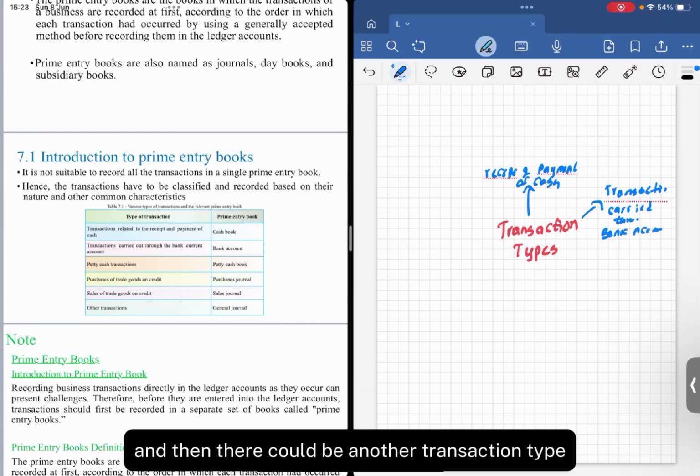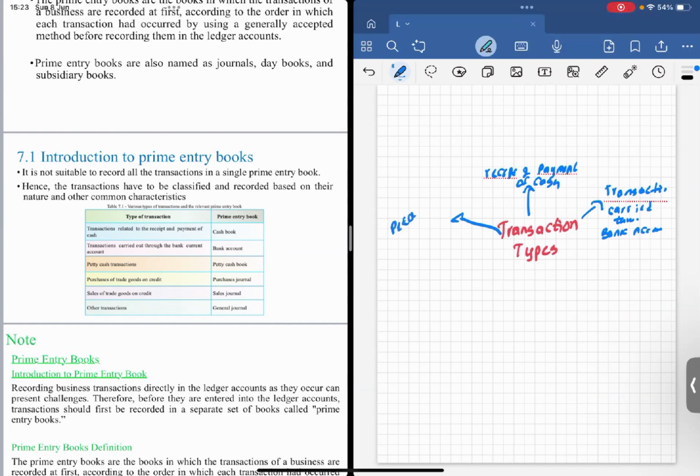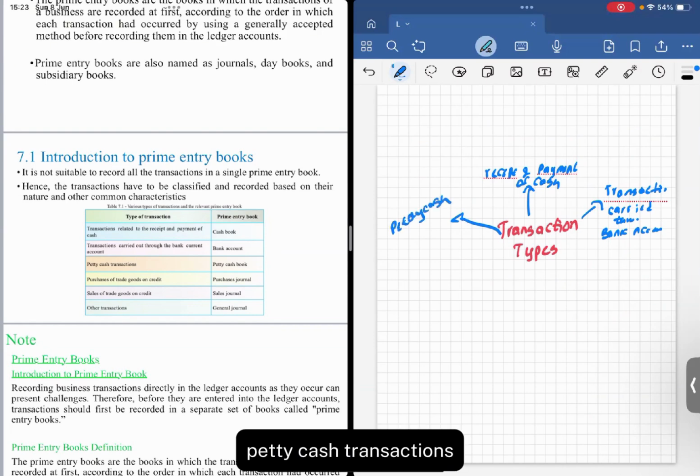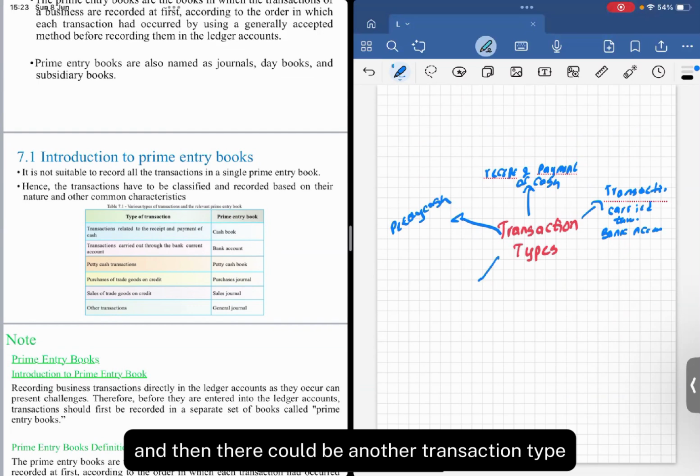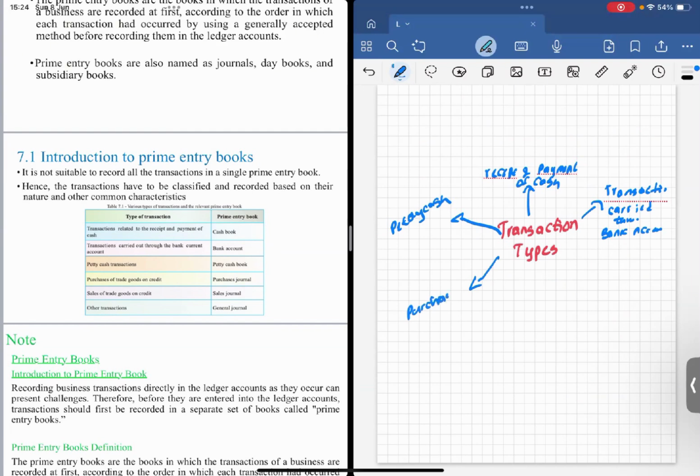Okay, and then there could be another transaction type, which is petty cash transactions. And then there could be another transaction type where purchases of trade goods on credit.